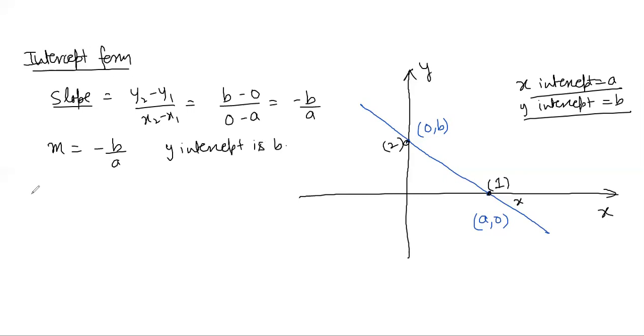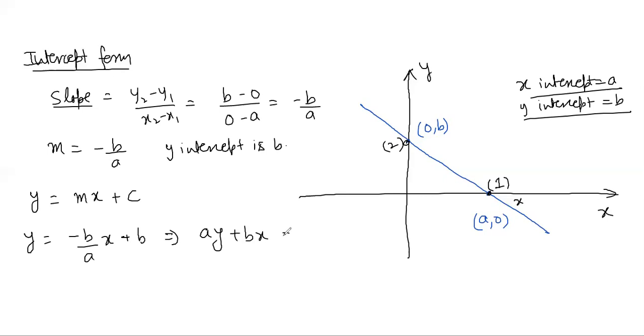So the equation of the line is y equal to mx plus y-intercept c. So y is minus b by a x plus b. So we can write this as ay plus bx is equal to ab, or it can be written as x by a plus y by b is equal to 1.